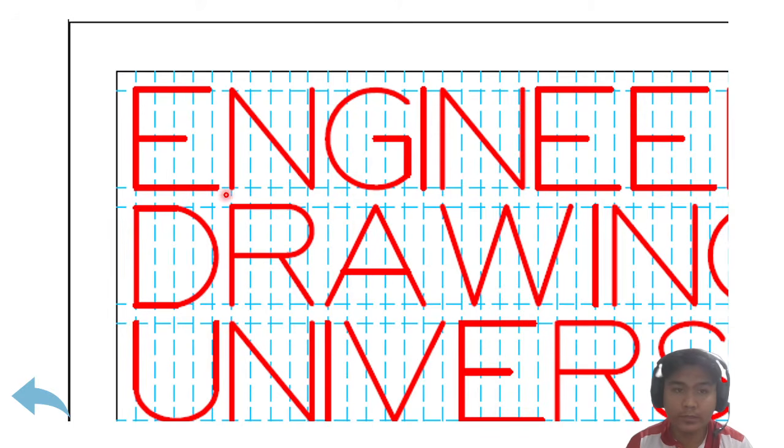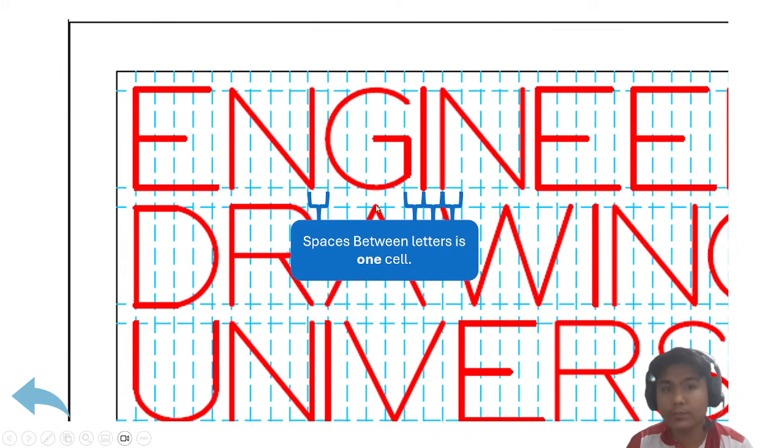So these grid lines or cells here correspond to the space in between letters. The spaces between letters should be one cell only.